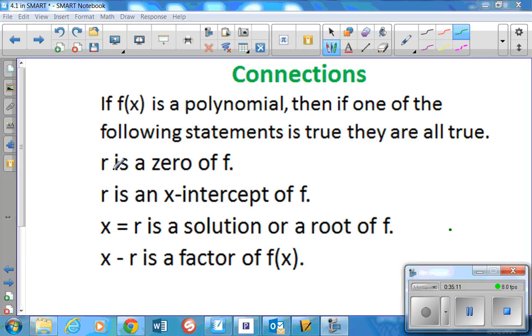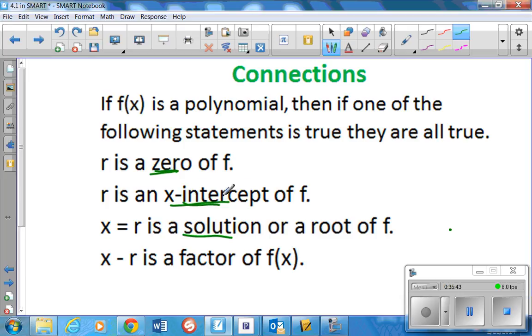If R is a zero of f, then R is also an x-intercept of f. Did you buy that? Zeros and x-intercepts are the very same thing. And if R is a zero and an intercept of f, then x equals R is one of the solutions, because solutions, x-intercepts and zeros are all the same thing.